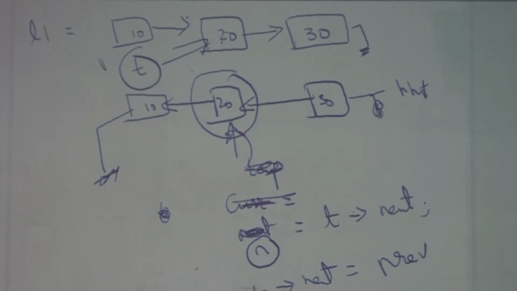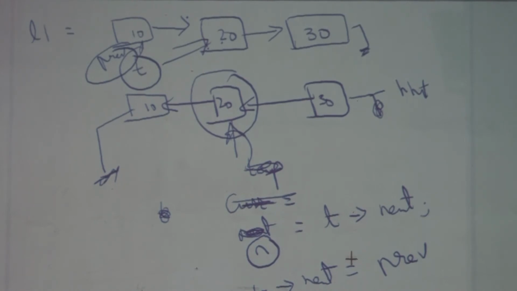Previous, imagine, is pointing to this. So previous is here, T is here. So what did I do? N is equal to T's next. I have preserved the next pointer, and then I am saying T's next is equal to previous.